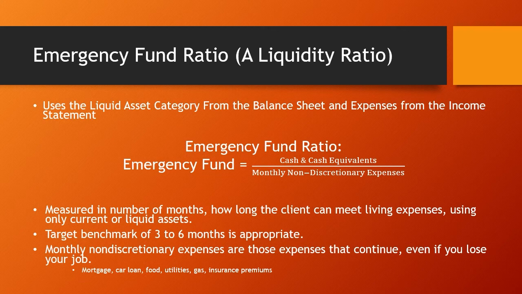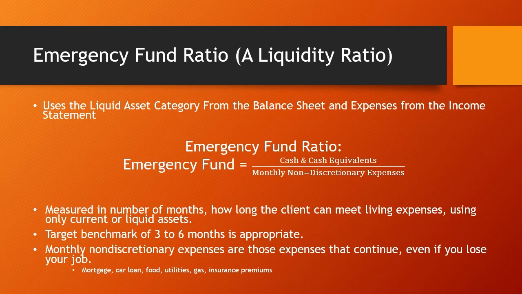And so what do we want our emergency fund to be? If you go down to the bullet where it says target benchmark, 3 to 6 months is appropriate. What does that mean? It means we want 3 to 6 times as much in liquid assets as we have monthly non-discretionary expenses. And so if our monthly non-discretionary expenses are $3,000, how much do we want to have in liquid assets?